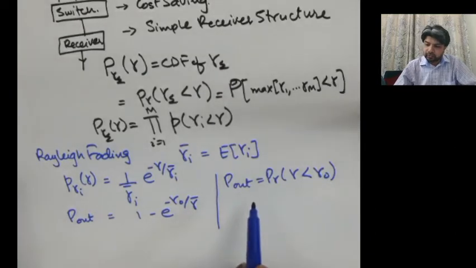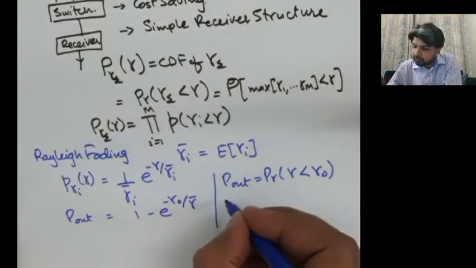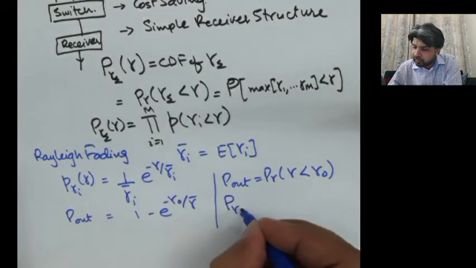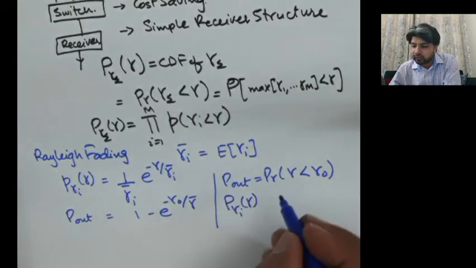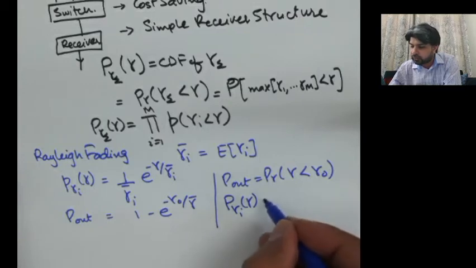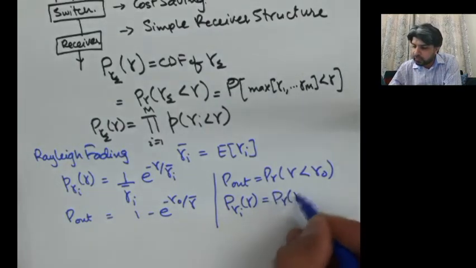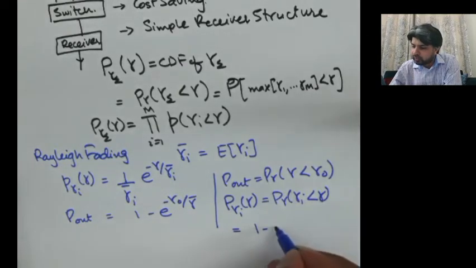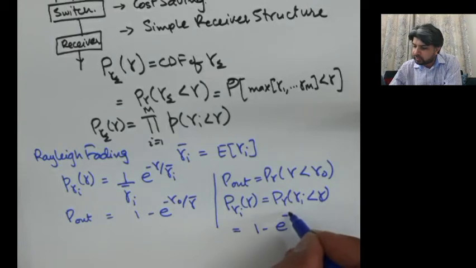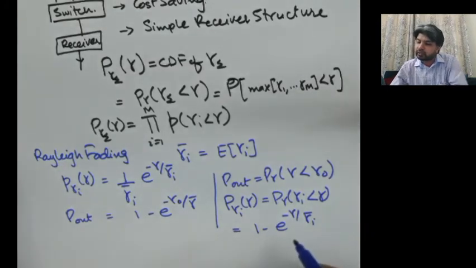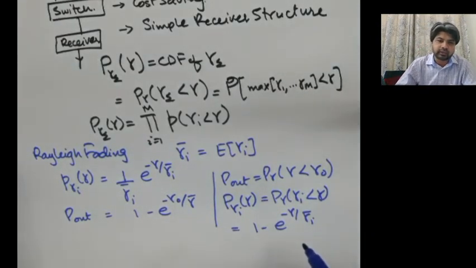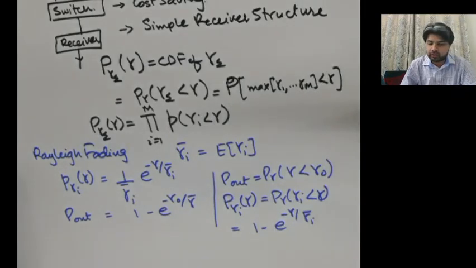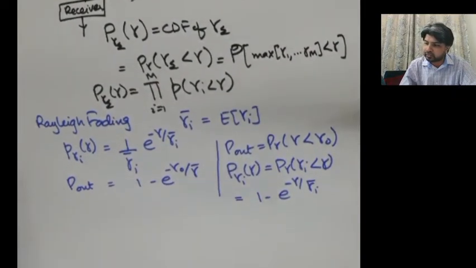In other words, if you want to find out what P gamma I of gamma is for the ith branch, which is Rayleigh distributed, that would be equal to the probability that gamma I is less than gamma, which is 1 minus e to the power minus gamma over gamma I bar. That is nothing but the CDF of the ith branch, which is Rayleigh distributed. So there is a connection between CDF and P out that we would leverage in the analysis today.